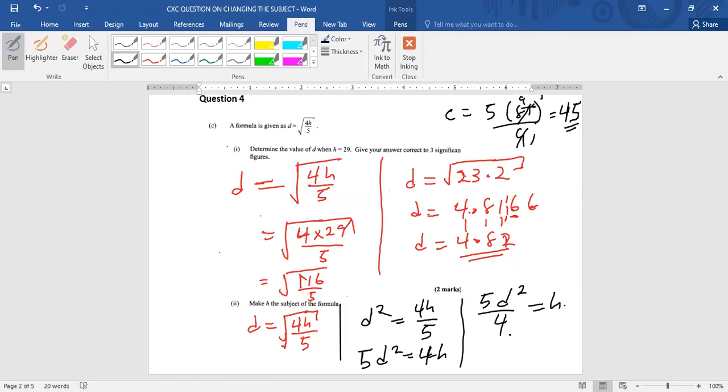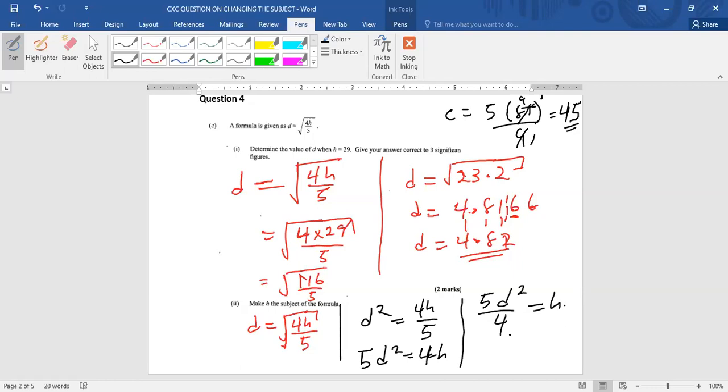And I also noticed that the 5 is being divided. So basically I would cross multiply and put the 5 beside the d. So I would have 5d squared equal 4h. After I find 5d squared equal 4h, I see that the h is being multiplied.